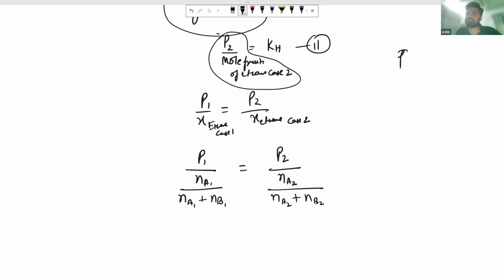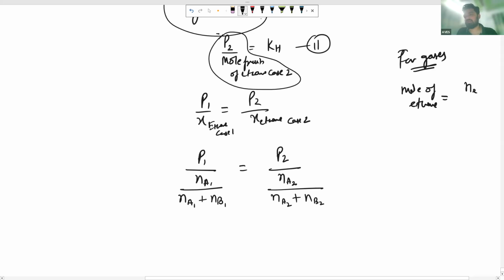So for gases, we can write that mole fraction of ethane will be equal to number of moles of ethane upon number of moles of ethane plus number of moles of solvent.